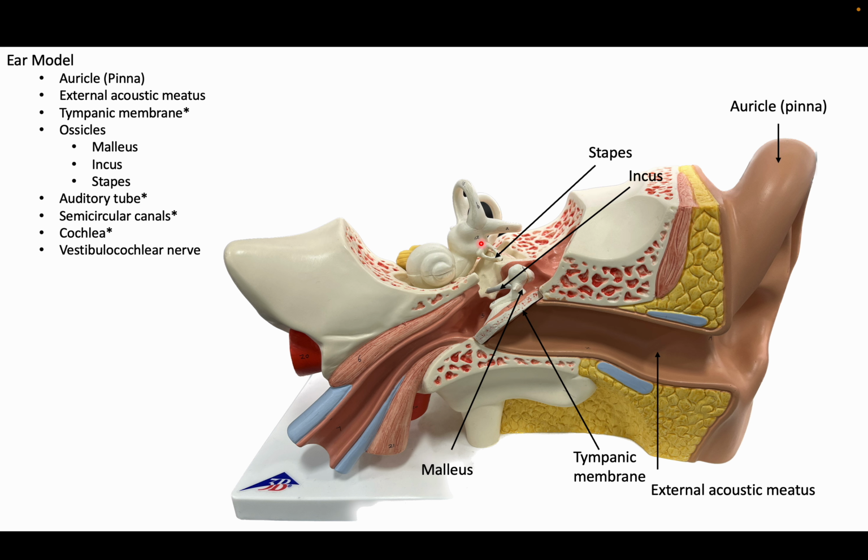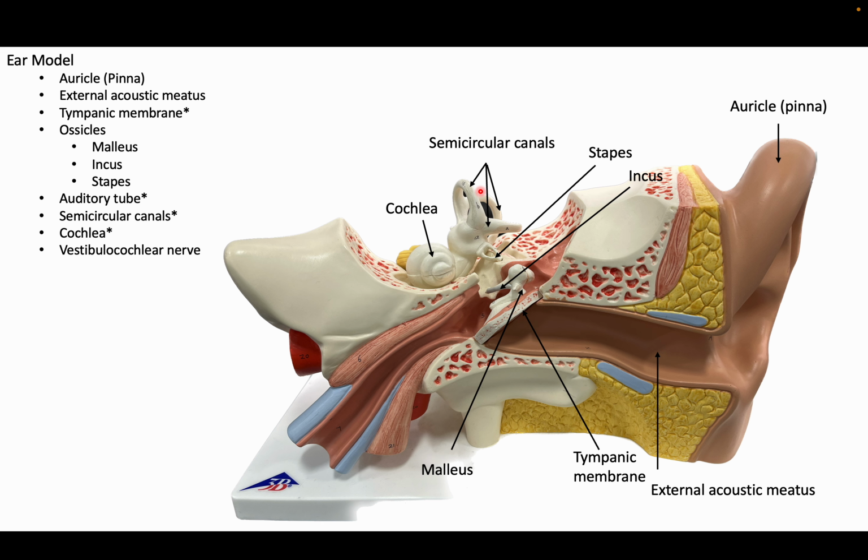Any leftover sound wave is going to travel into the inner ear as well through the round window that is found in the lower portion. It's a little bit hard to see, but you've got the oval window on the top and then the round window down here. Now, within the inner ear, you have the cochlea where auditory information is processed, and then you have the semicircular canal, which is where balance and spatial information is processed.